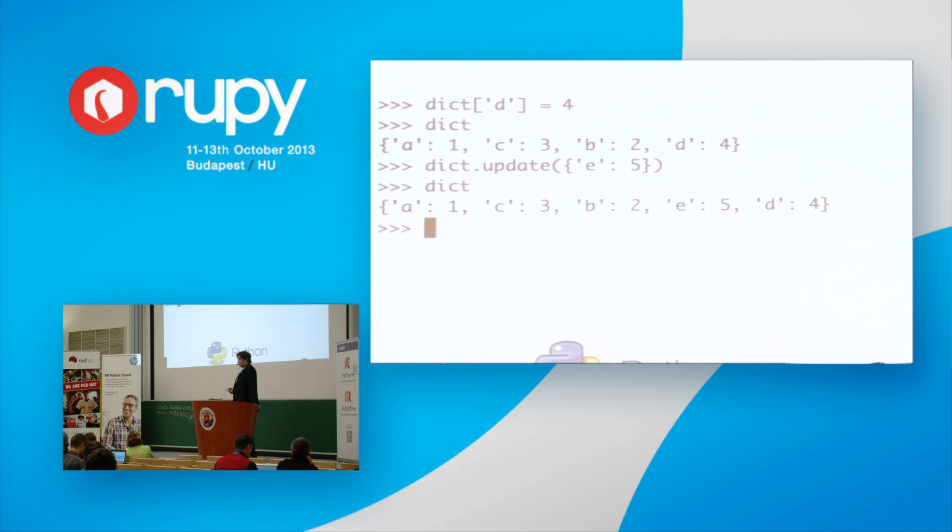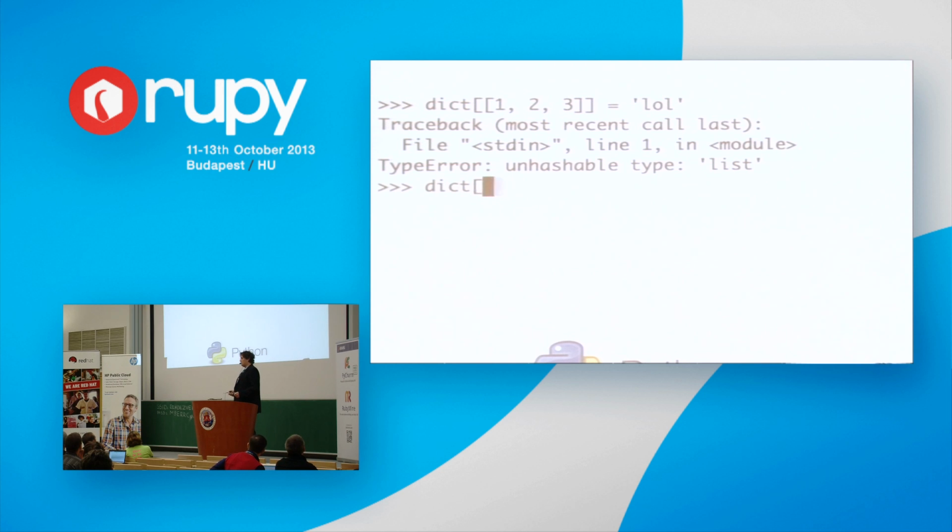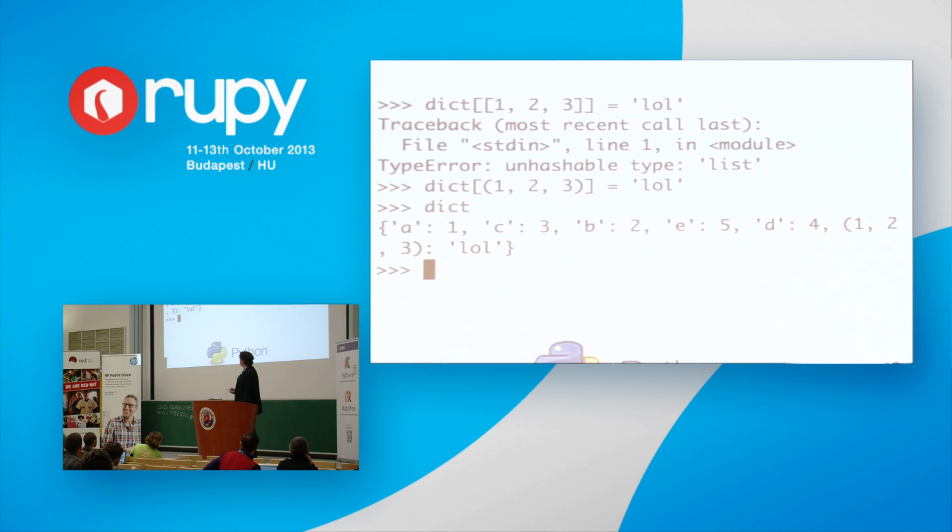There is a bonus point that Python gets, which is that dictionaries don't let you use mutable things as keys. So you can't do what we did with Ruby and mess with the key, because it doesn't let you put anything as the key that can be mutated. So you can't use an array, or actually a list, as a key, whereas you can use a tuple. So that's a nice thing, I think, about Python dictionaries.